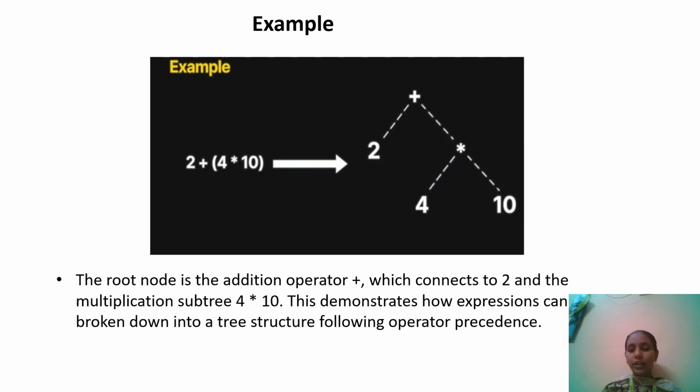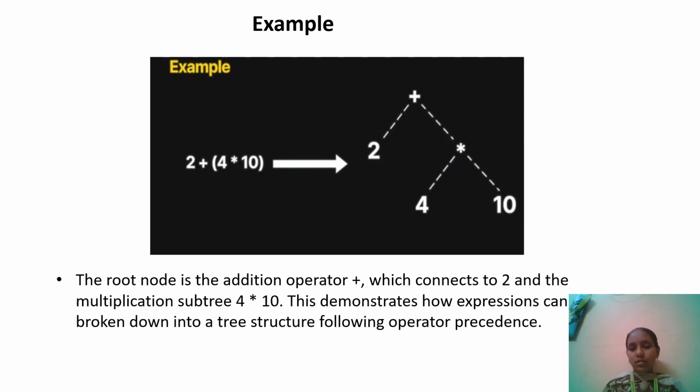This demonstrates how expressions can break down into a tree structure following operator precedence. That is, 2 plus 4 into 10. This expression we converted into an abstract syntax tree.